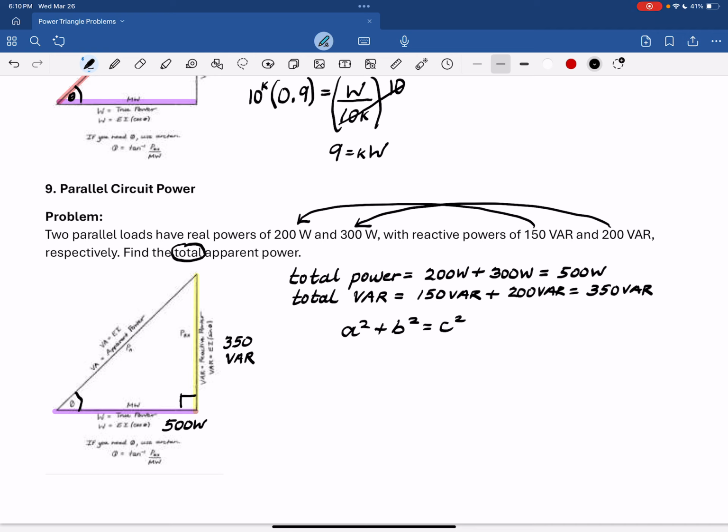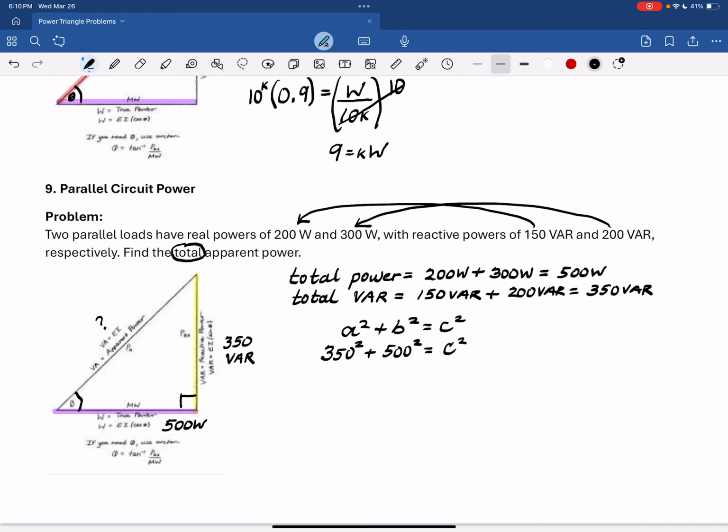If I had theta, I could use sine, cosine, or tangent, but I don't have that, so let's not try to do that one. So 350 squared plus 500 squared is the apparent power squared, and that's what I'm looking for.